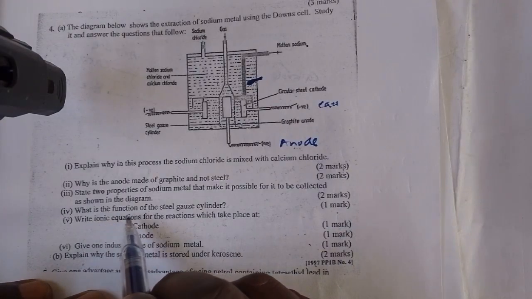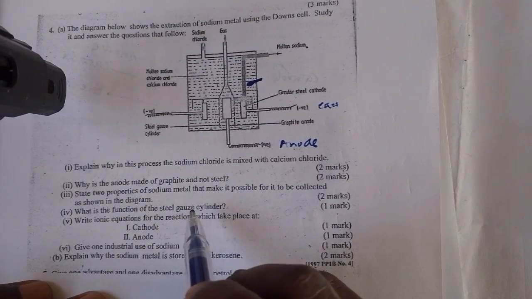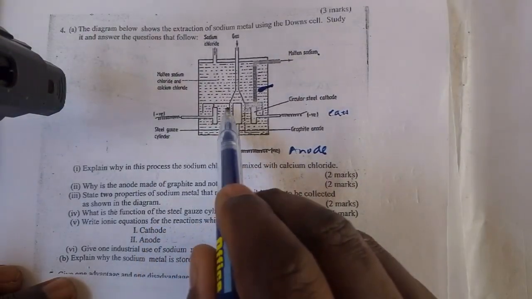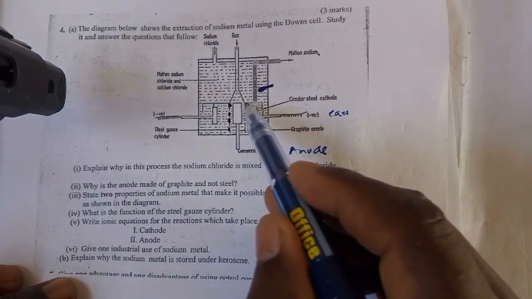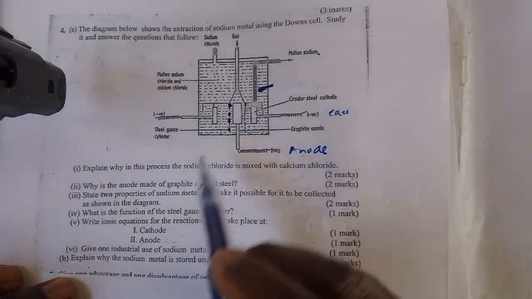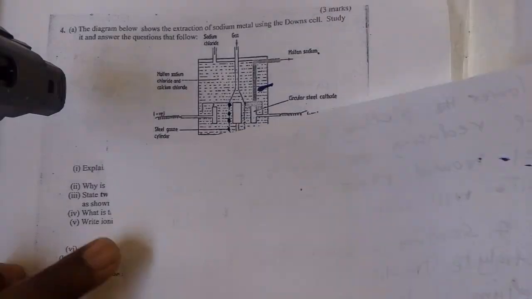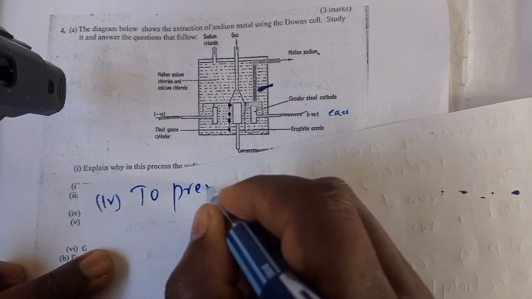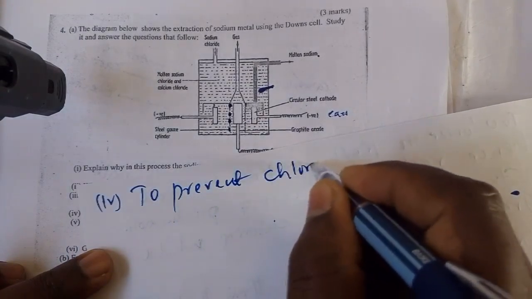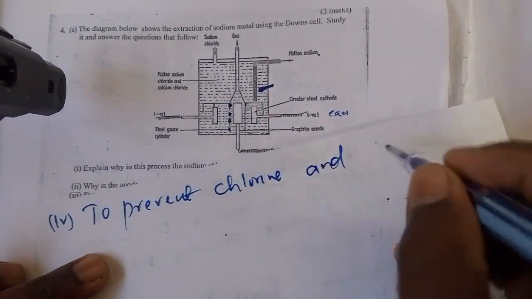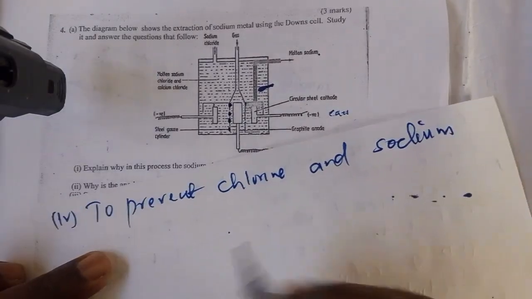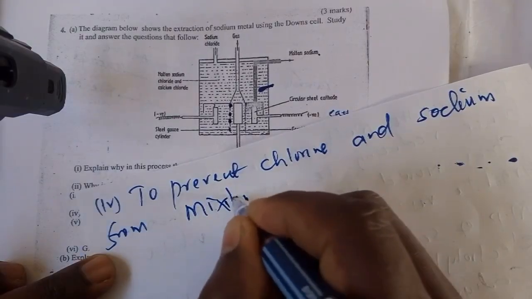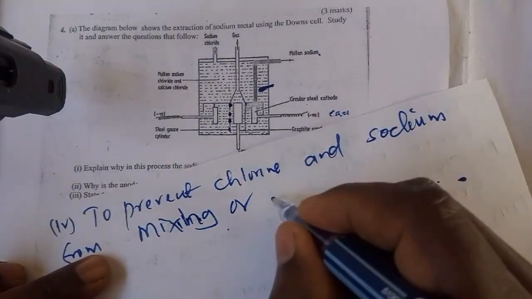What is the function of the steel gauge cylinder? So this is the steel gauge, this is the cylinder you're talking about. What is its function? The function is to prevent chlorine and sodium from mixing or from recombining.